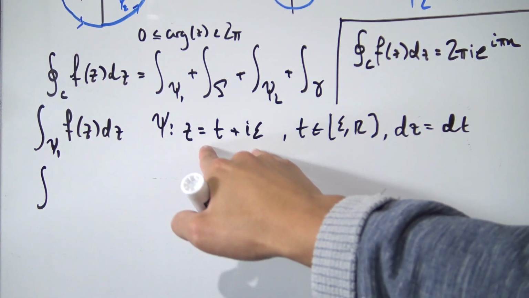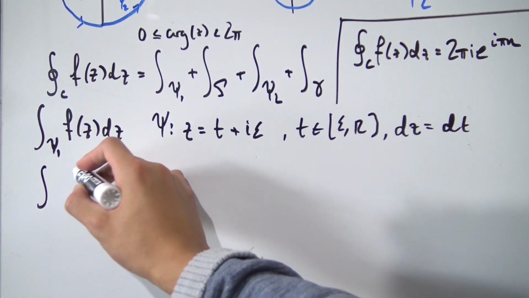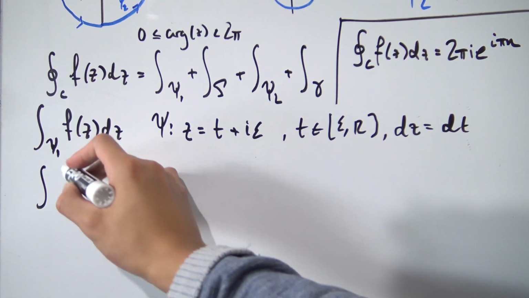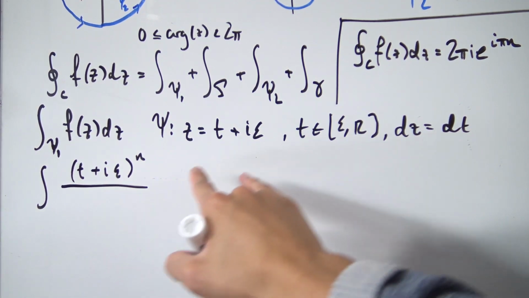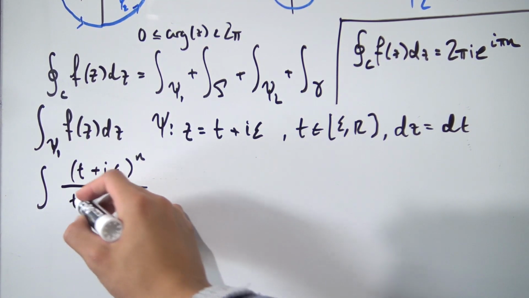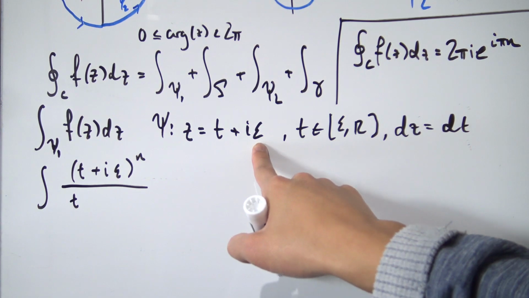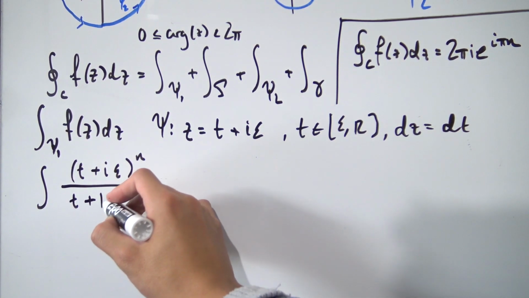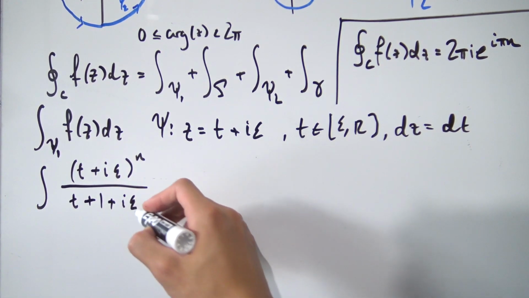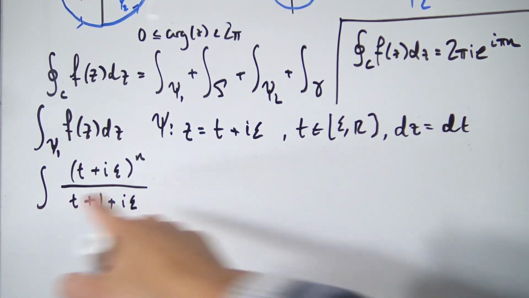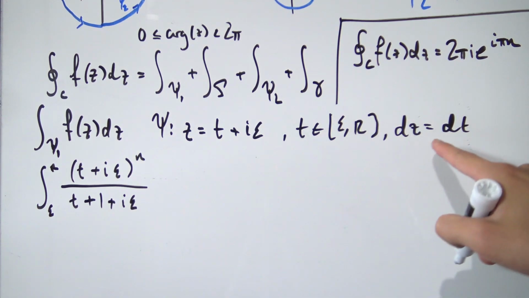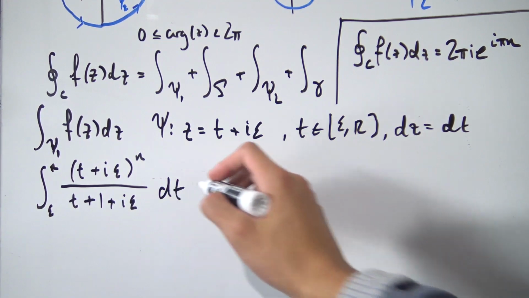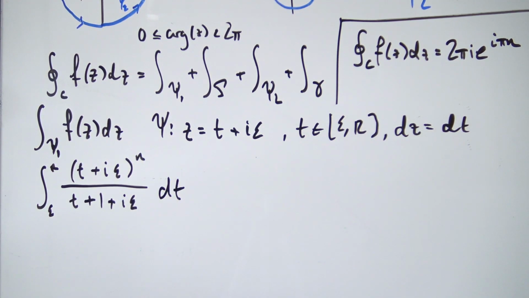So z will turn into t plus i epsilon, all raised to the nth power, over z plus 1, but z is this thing right here, so we're going to have t plus 1 plus i times epsilon, and our bounds are between epsilon and R. And then we're going to multiply by dt, because dz is equal to dt. So we have this thing right here.